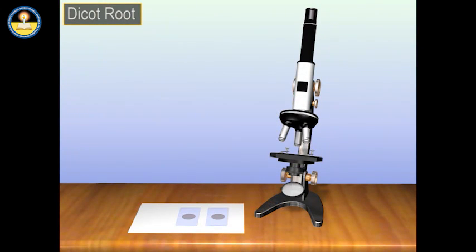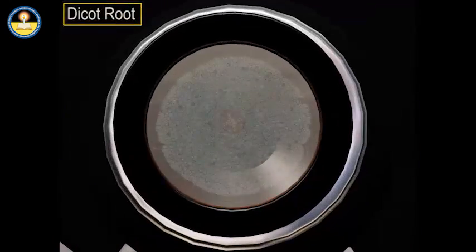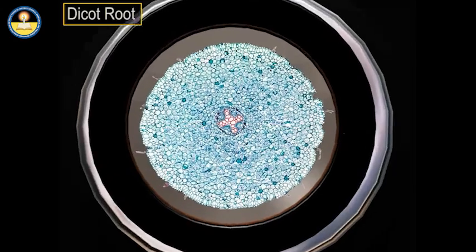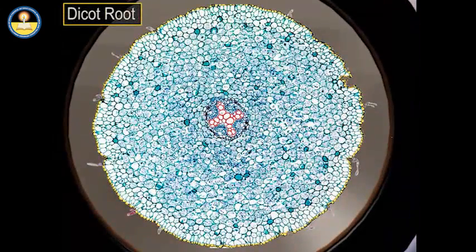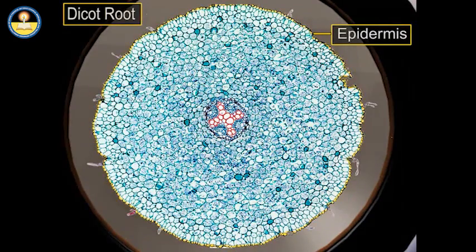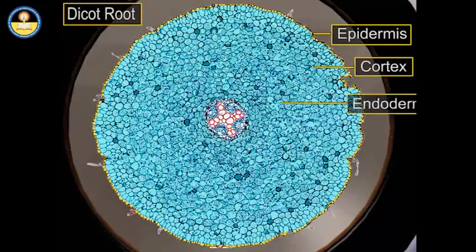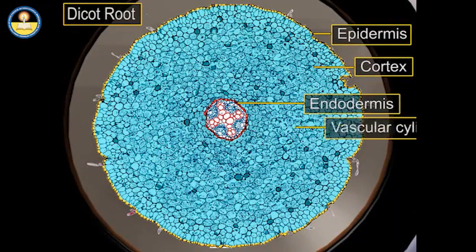When you see the transverse section of a dicotyledonous root under a microscope, the cells are found to be organized in different layers like epidermis, cortex, endodermis, and vascular cylinder.